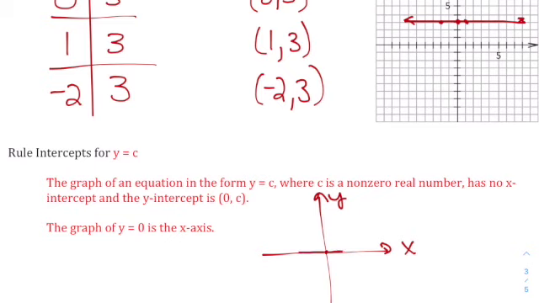See that? Okay, remember, crossing the y is where x is 0. That's what we talked about yesterday. So it gets a little bit confusing there, but think about it that way. I'm crossing the y at 0 right there. Okay?